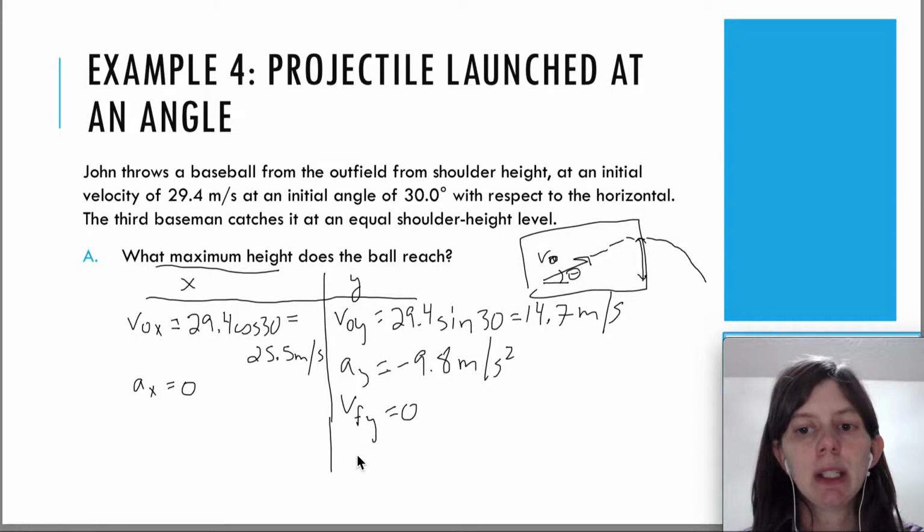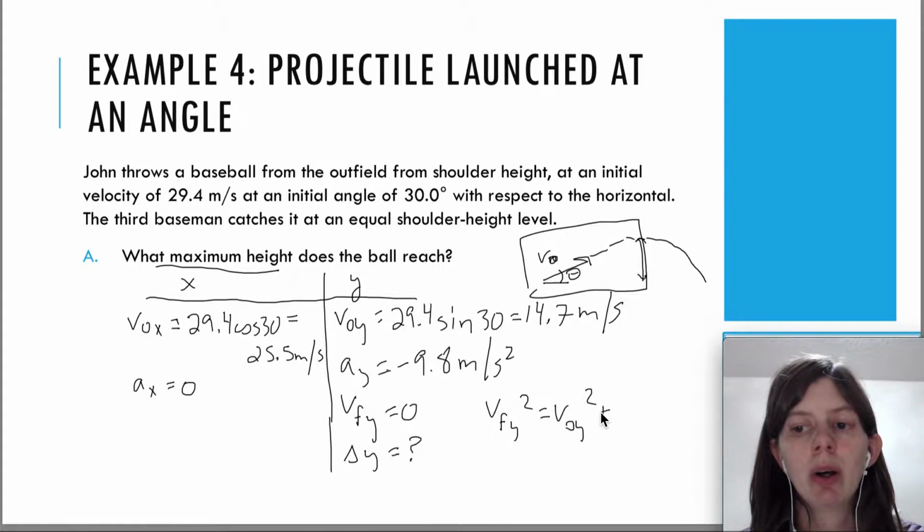So we can actually find delta y by using the last kinematic equation. So sometimes we do use other kinematic equations. This is the one that says Vfy squared equals V initial y squared plus 2a delta y. We can use this one to solve for delta y.